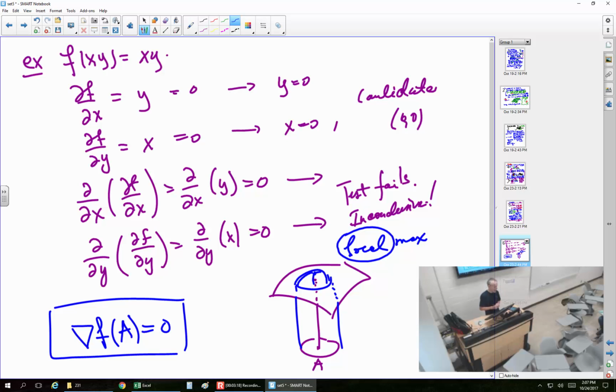This time we have two derivatives. If we're talking about functions of two variables, then having two derivatives gives you two conditions on the increasing and decreasing behavior along one axis and the other axis. Say one along the x-axis, this, and along the y-axis, that.